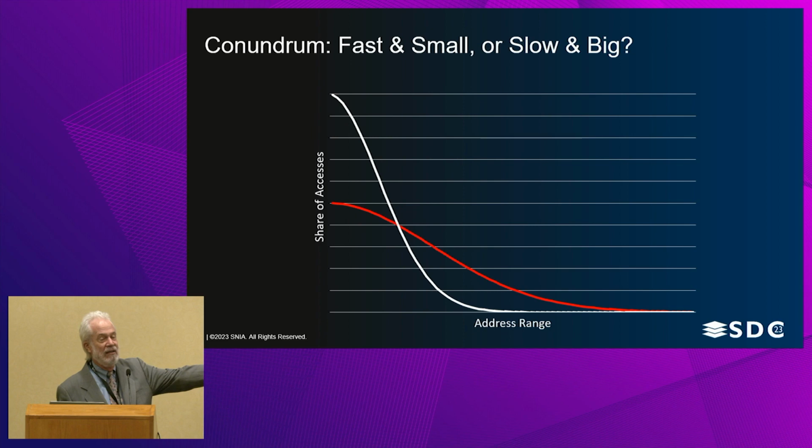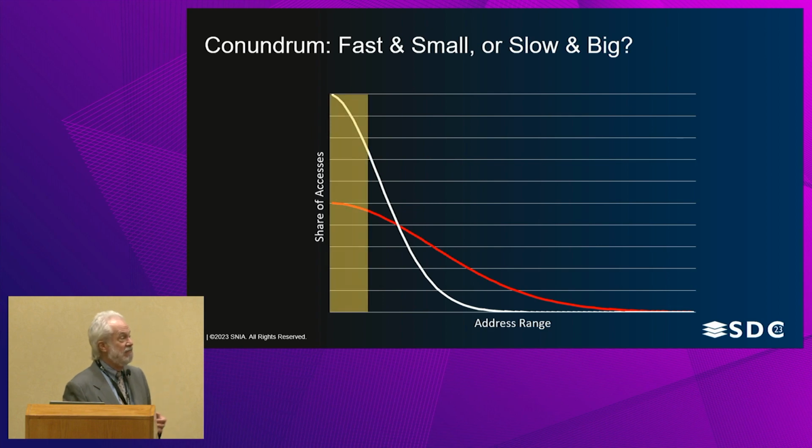High locality is represented by that white line. It's kind of an abstract concept, but it's how many accesses happen in a small address range versus you have a wide address range and you have your accesses smeared across an awful lot of those. So the red shows what happens when you've got your address accesses smeared across a very wide range. The white is when you've got them very tightly clustered in a single range.